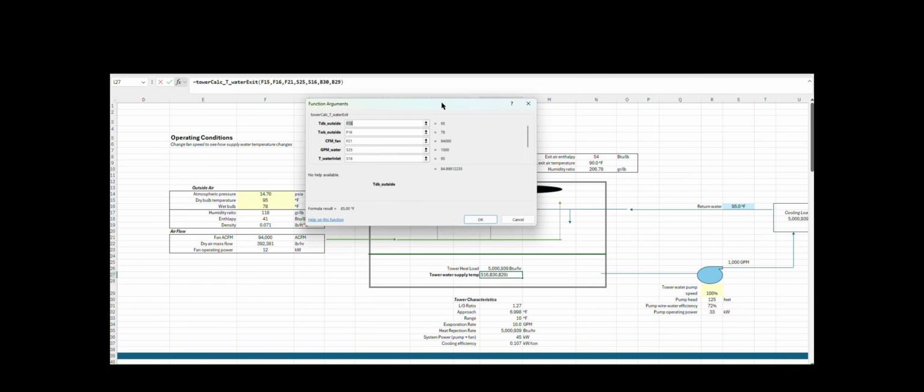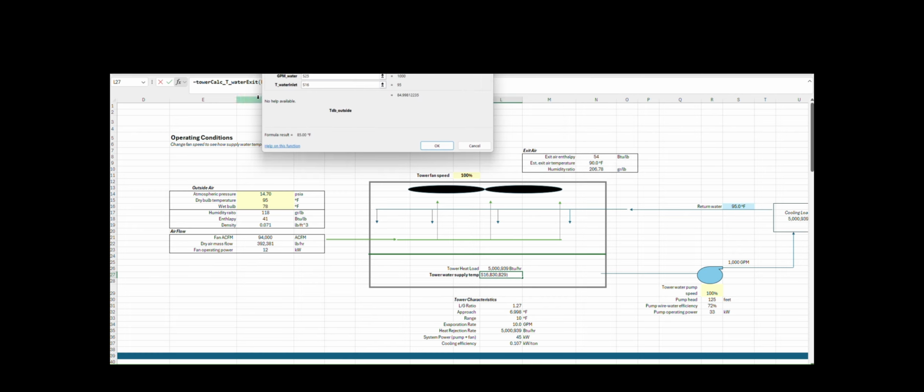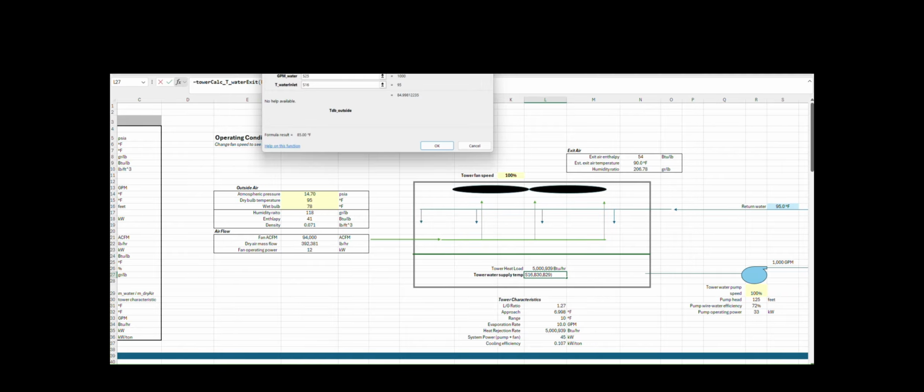And if we look at the inputs, we can kind of cross-check this with the equations that we just talked about. So you need to know your dry bulb and wet bulb temperature outside. What that tells you is the density of air. And you need the density of air because we're also going to plug in the CFM of air.